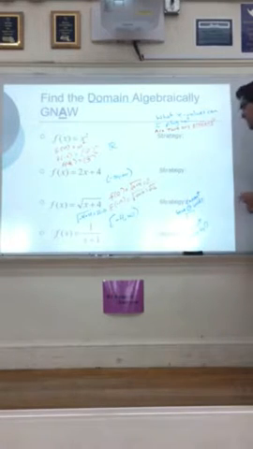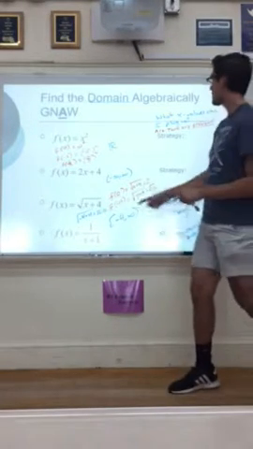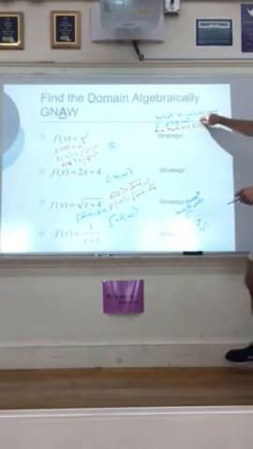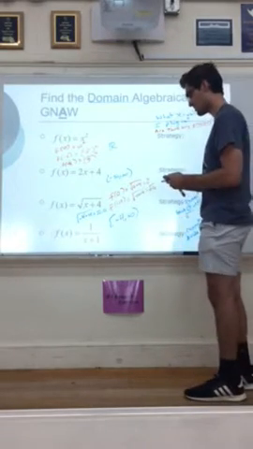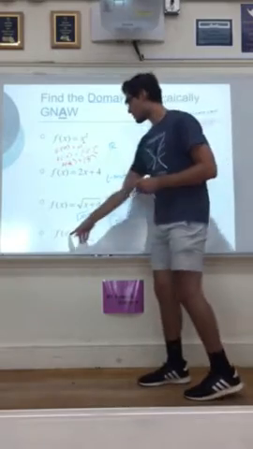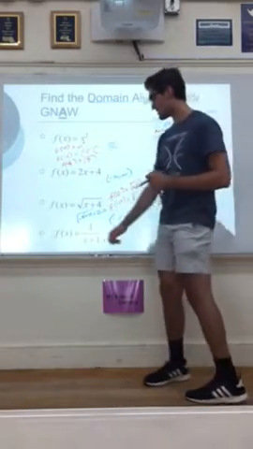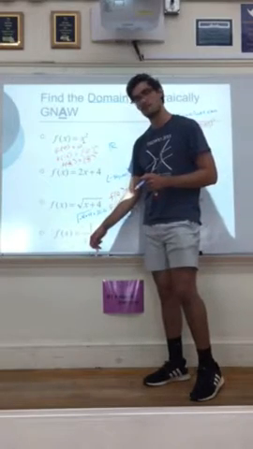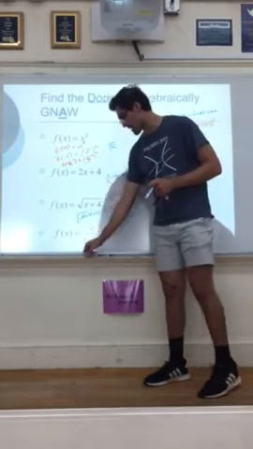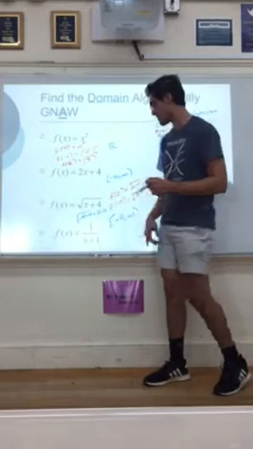And if I can't divide by 0, that will help me figure out what x values I can plug in. Well, what x value would I plug in to make me divide by 0? I'd have to plug in negative 1. With negative 1 in for x would give me a 0 in the denominator.